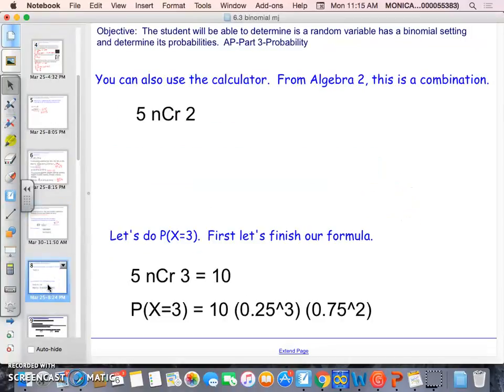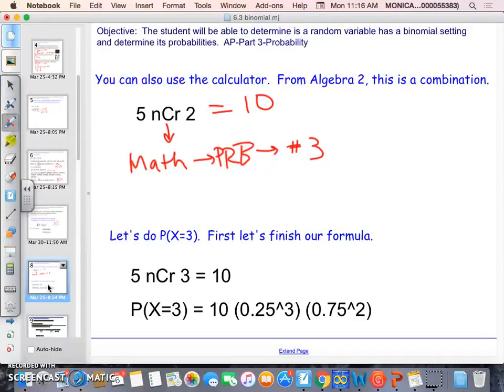So if I had 5 possible outcomes, I would type in my calculator 5, then I would go to math, scroll over to probability, go down to nCr, and hit a 2, hit enter, and it should come out as 10. So please remember this is under math, and then probability, PRB. And I think it's number 3.